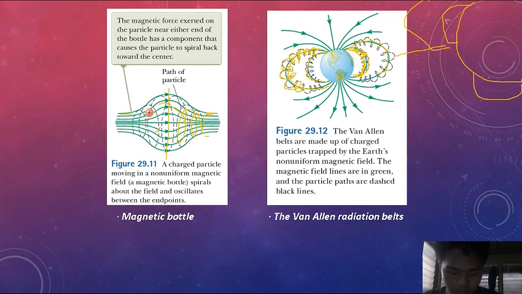So these collisions are the origin of the beautiful aurora borealis or northern lights in the northern hemisphere, and the aurora australis in the southern hemisphere. Kaya only in northern and southern hemisphere nangyayari yung aurora because of the magnetic field. So yun lang.